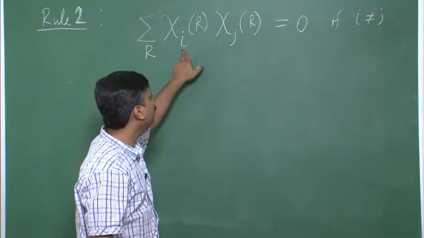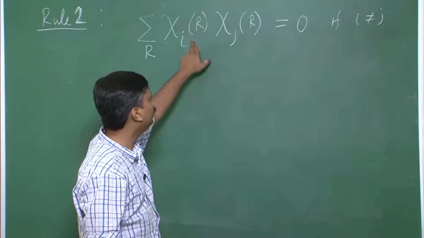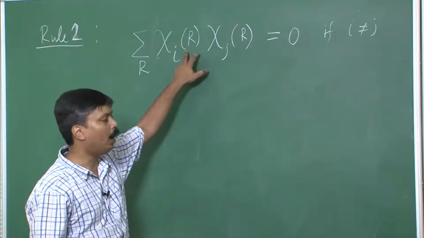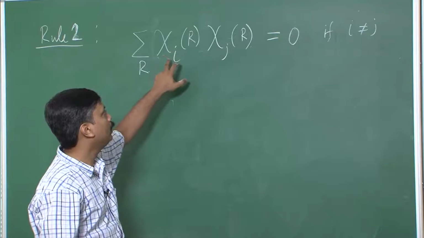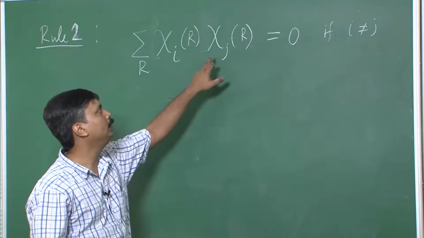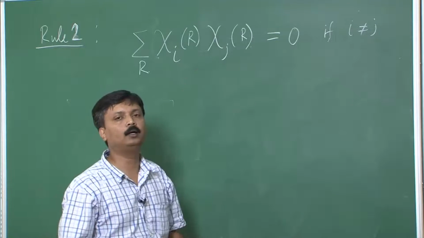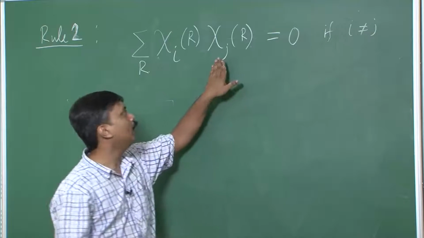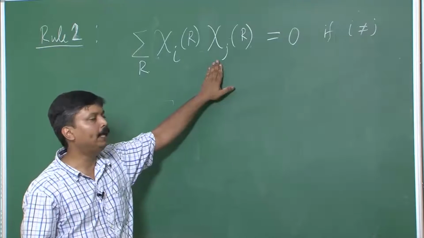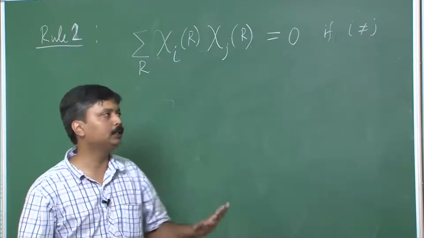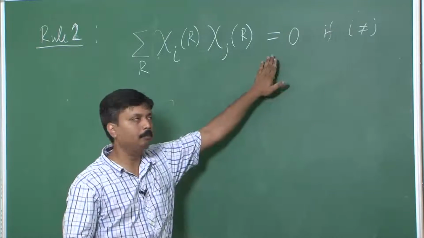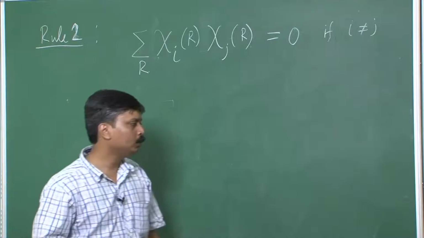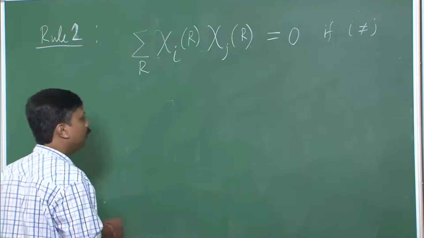If we have the characters for any given symmetry operation R, and we multiply that with the character for another irreducible representation J and then sum it over all the symmetry operations, I will get 0, meaning these are orthogonal. So how do I prove that?